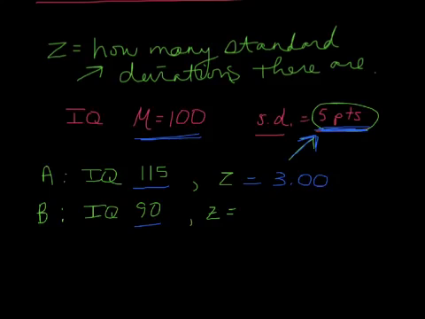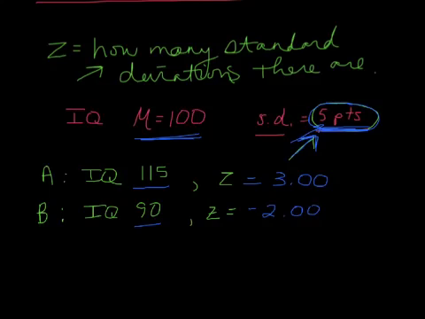That would mean a z-score of not just 2, because you are 2 of these standard deviations, that's correct, but since you're below average, you want to say -2. So an IQ of 90 would be a z-score of -2 because you are 2 standard deviations, 2 5-point chunks away from average.